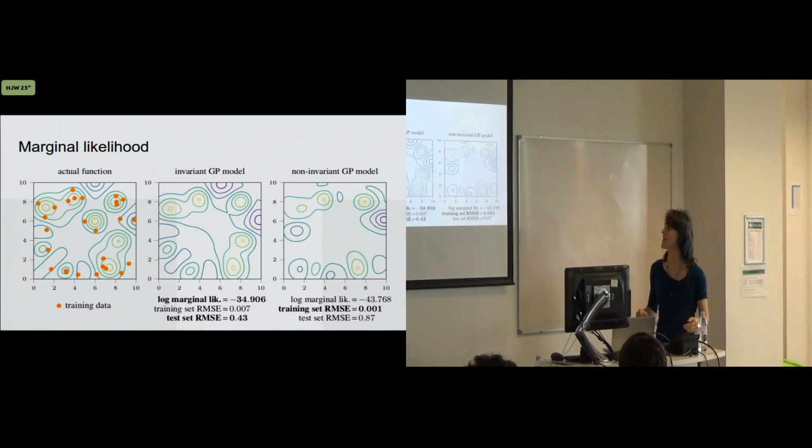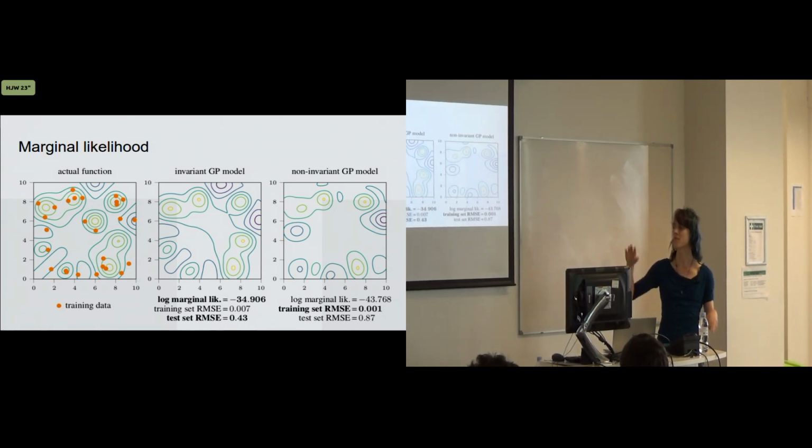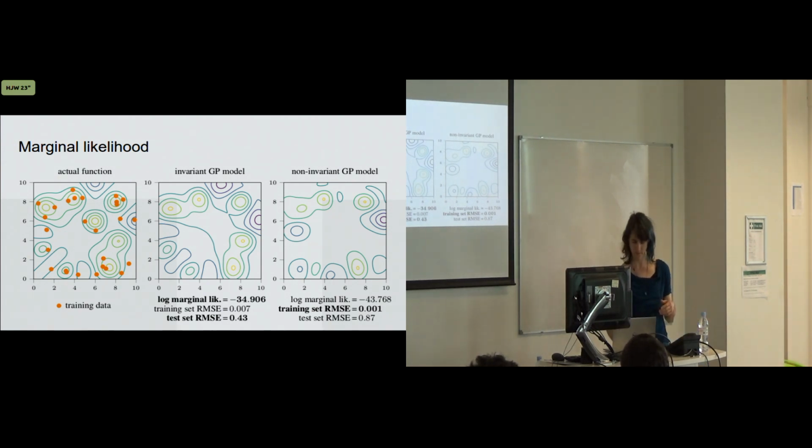Because there's some noise on the training observations, the non-invariant model actually has a smaller training set error than the one with invariance put in. But the invariant one, which corresponds to the ground truth, has a significantly better log marginal likelihood, as well as a much better test set root mean squared error, about a factor of 2 better.